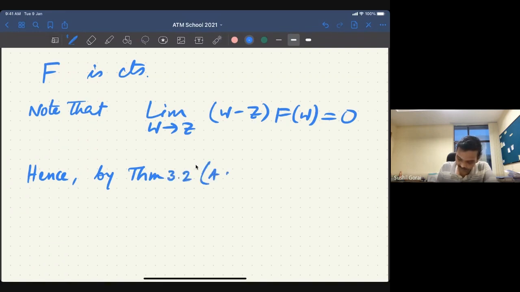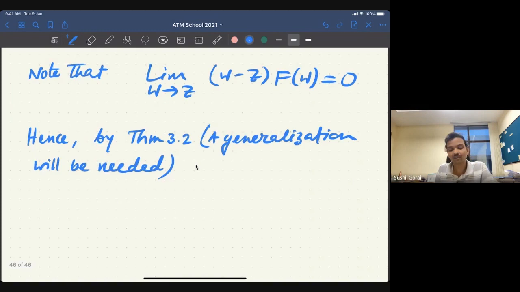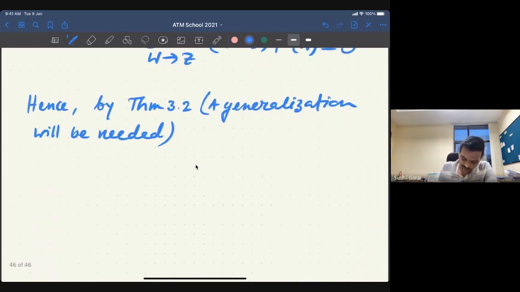A generalization will be needed. After we prove Cauchy's theorem for a disk, any curve in the disk, you can do the same way.